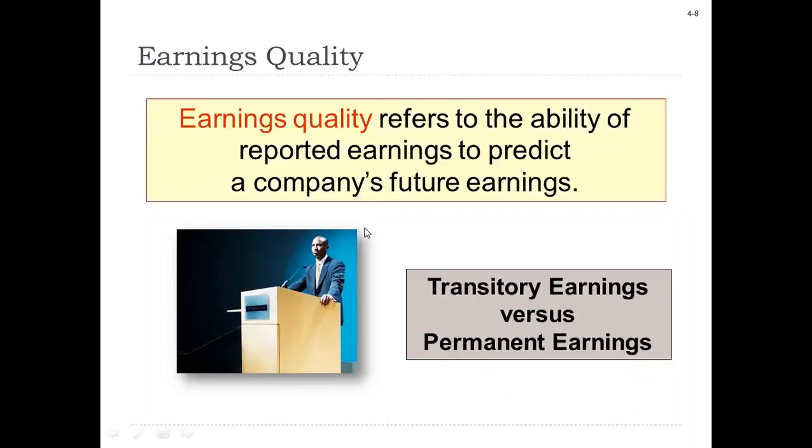So it's always better to have earnings from your operating income, so from doing what you're in business to do on a day-to-day basis. Those earnings are better than earnings that are just a one-time kind of a thing. And that's what the term earnings quality refers to.